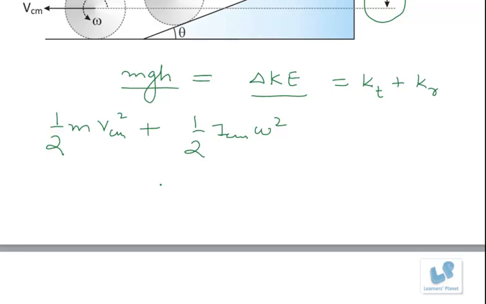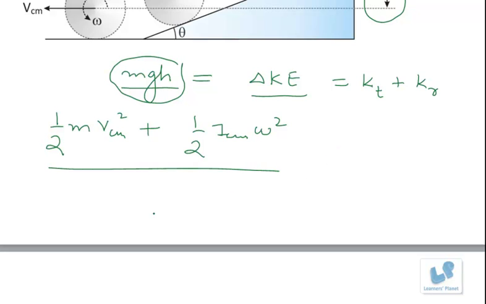Now in both the cases the drop in potential energy mgh is same, and that will be equal to the total kinetic energy, that means sum total of translational kinetic energy and rotational kinetic energy. If you add both of them, they will be same, but if you compare the translational kinetic energy, that will definitely be less.